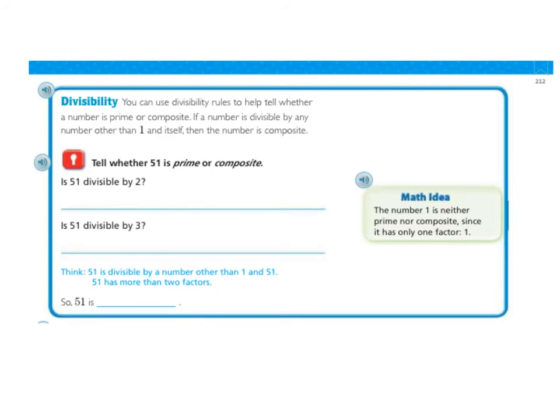So it says is 51 divisible by 2? Well, no, because we know that 51 is not an even number, and that is one of the rules that go along with 2. So we're going to write no, 51 is not even.